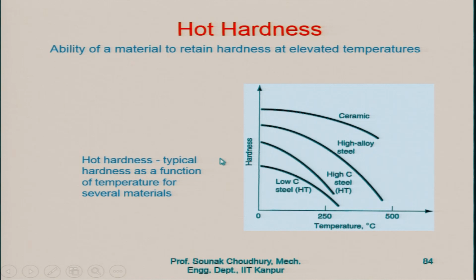So, at a high speed, for example, the cutting tool is made of ceramic material, because when the cutting speed is very high, the temperature becomes very high, and at that temperature the hardness of the tool material should not fall. Okay. So, hot hardness has to be high. So, here you can see that for ceramic at 500 even the hardness is quite high. So, the hot hardness of ceramic is higher.